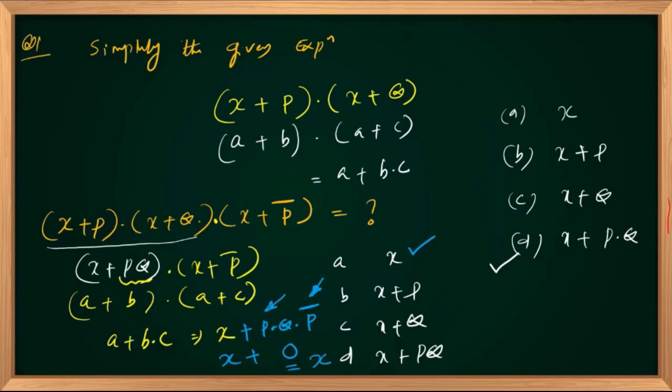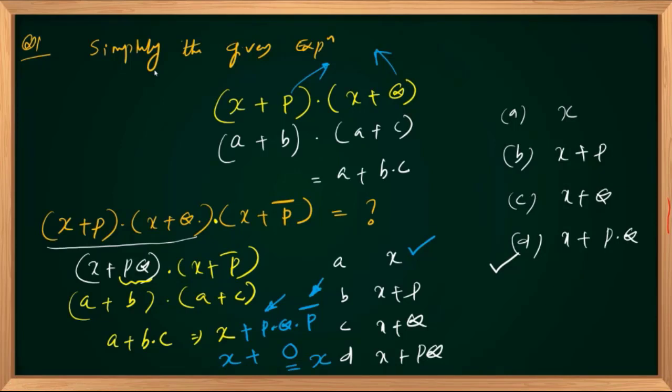Please remember that a plus b dot a plus c is the same as a plus bc, the product between the other two variables p and q. So x plus pq. Clear? Only a few have responded. What about others? Is that clear? You can expect a question based on this.